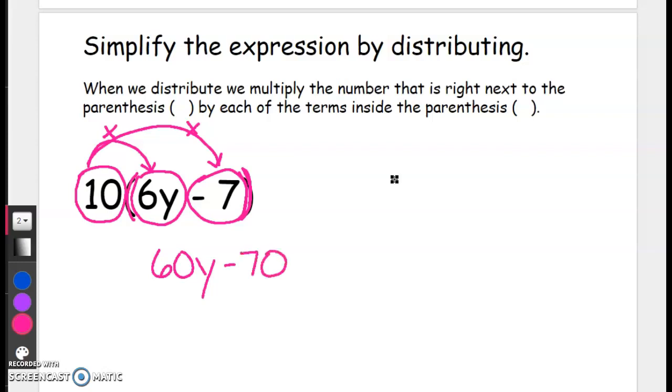Now I can check, do I have any like terms down here? Is there anything in here that's a like term? No. This term has a y, this term does not, so we're going to leave it just like that. That is as far as we can go with it.